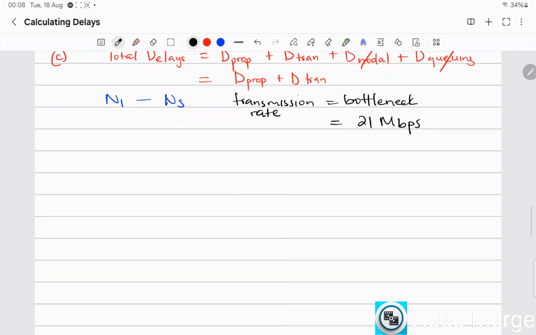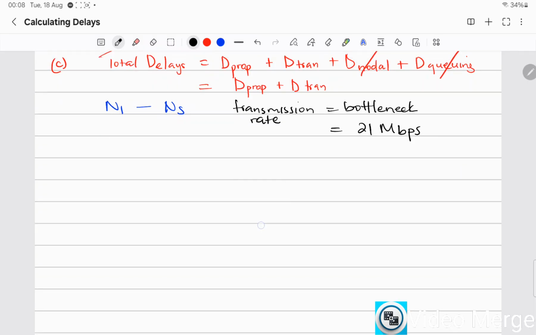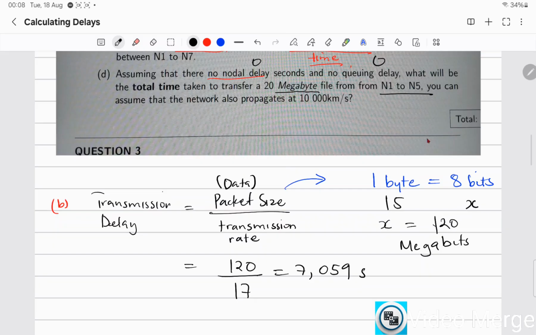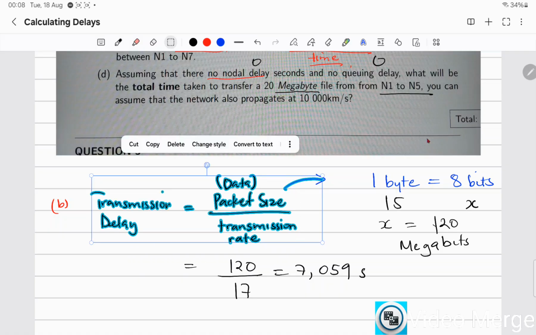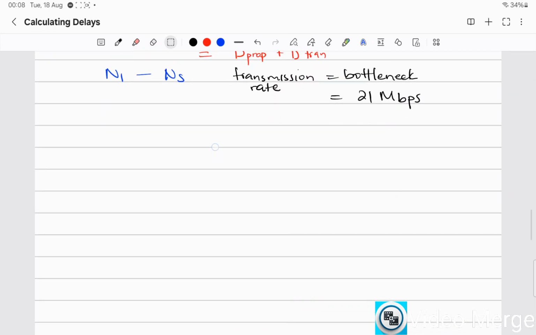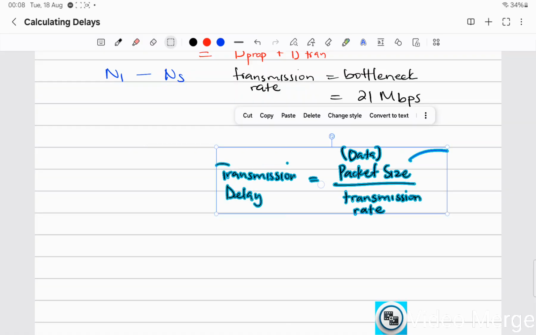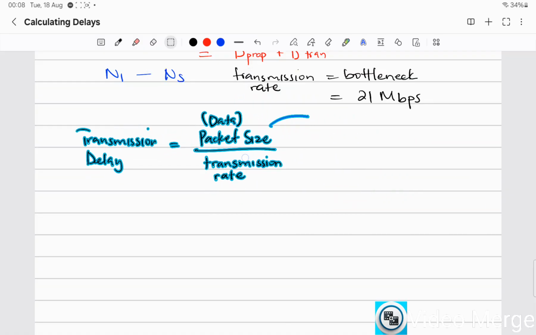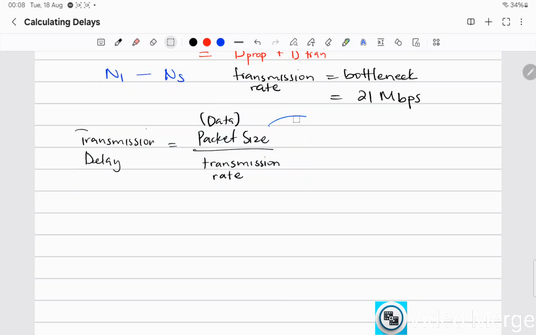So to remember the transmission delay formula, I'll just copy it because I've explained it before. Just jokes. Okay, transmission delay is equal to the packet size over the transmission rate.